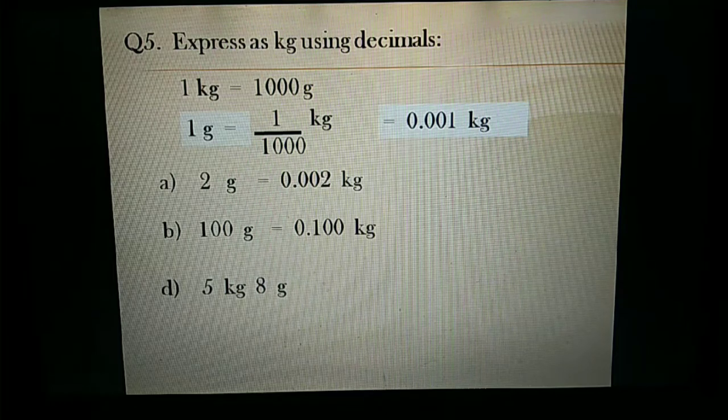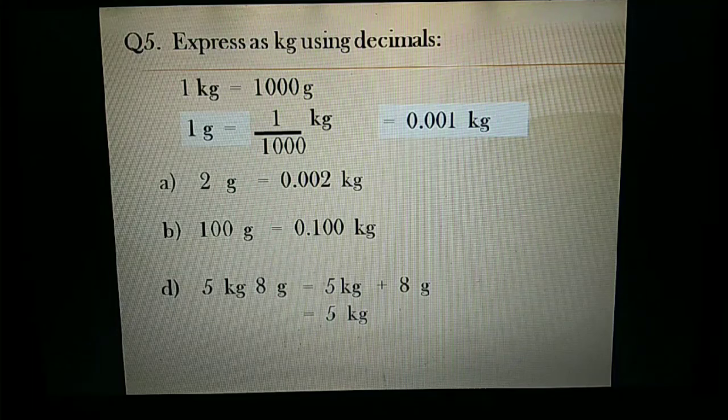Five kg, 8 gram. You can write it as 5 kg plus 8 gram. First value is already in kg. We are supposed to convert the second by using the formula. 5 kg will come as it is. By formula, put a point after 3 digits from right. Make it 3 digit by adding 2 zeros to the left.